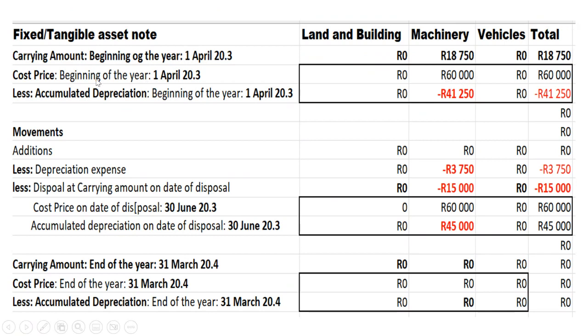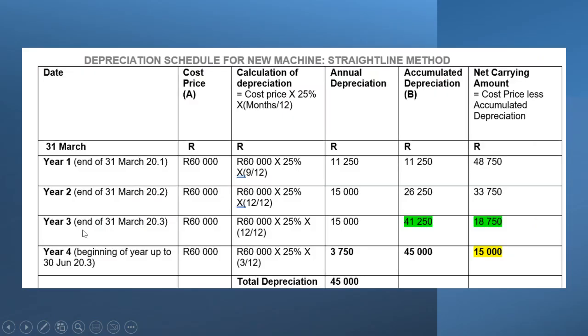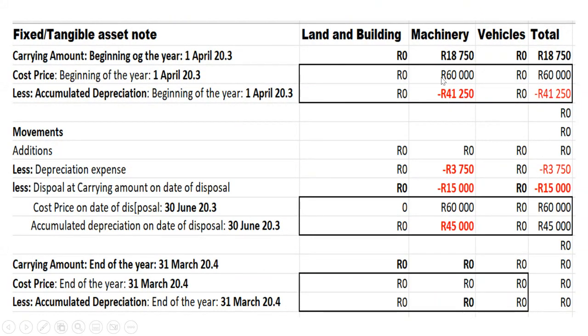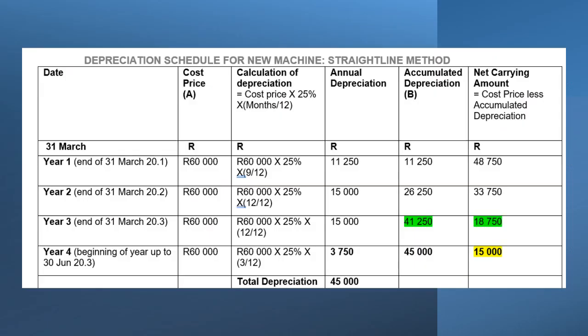Less the accumulated depreciation at the beginning of the year, 1 April 20.3, which was 41,250. At the end of year 3, we had 41,250 as the closing balance of accumulated depreciation. But now we are at year 4, so it becomes the opening balance. So when you say 60,000 rand minus 41,250, you get a carrying amount of 18,750. There it is.